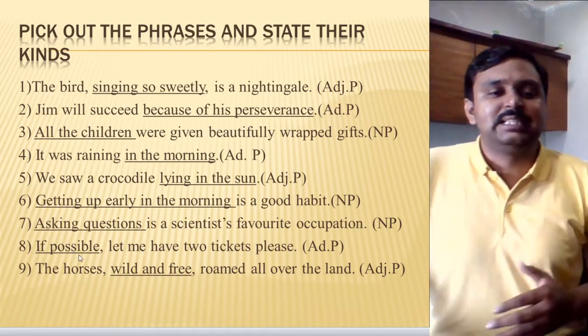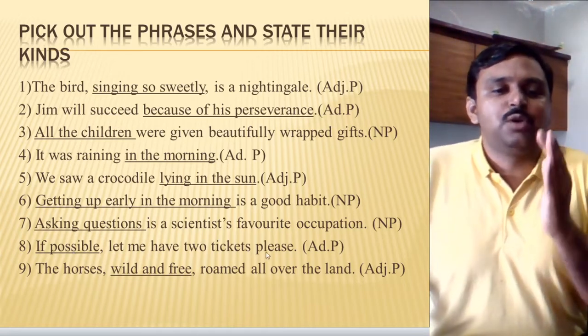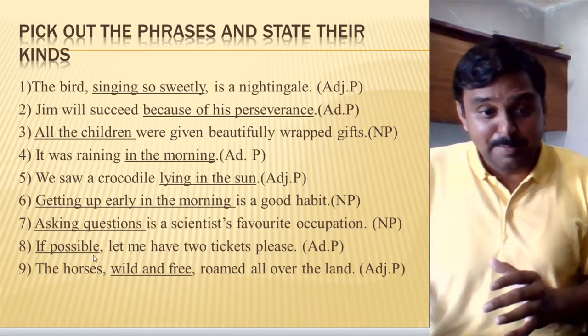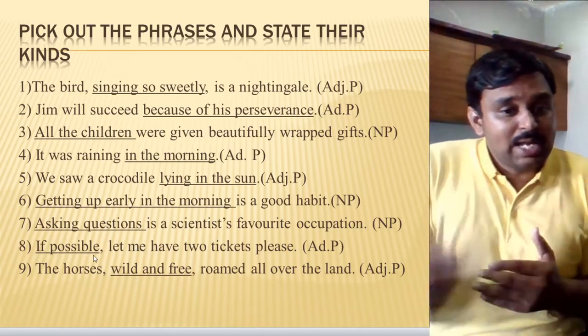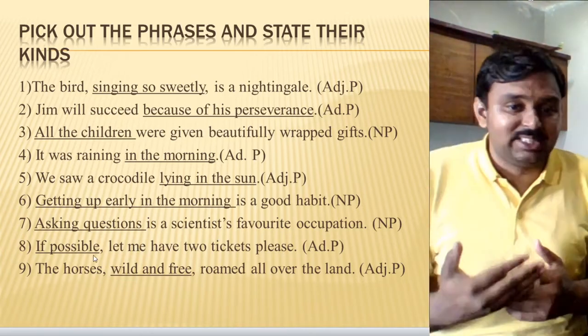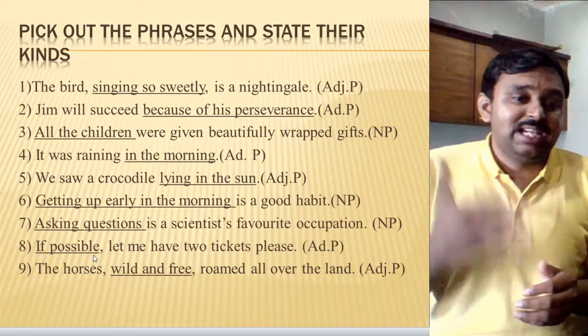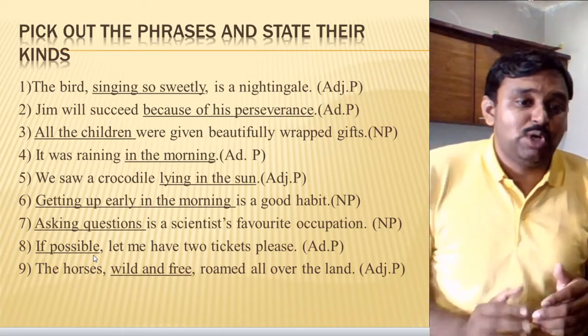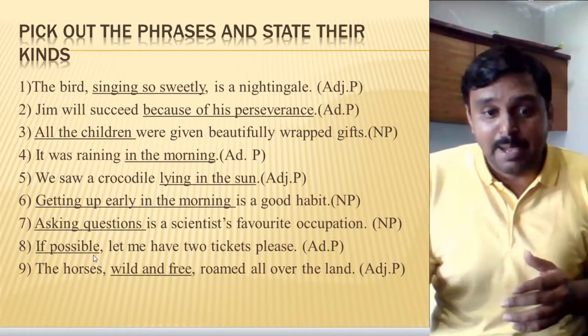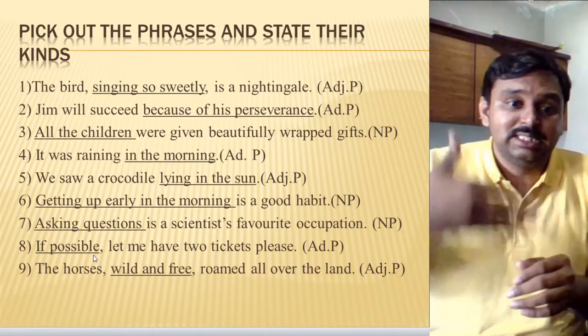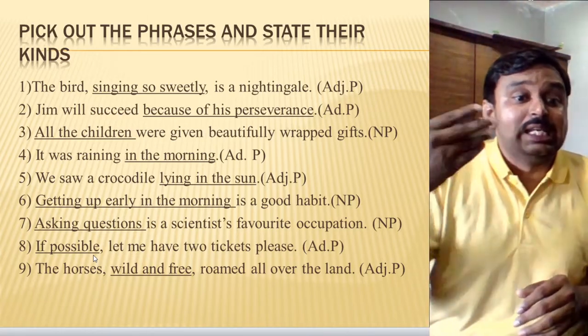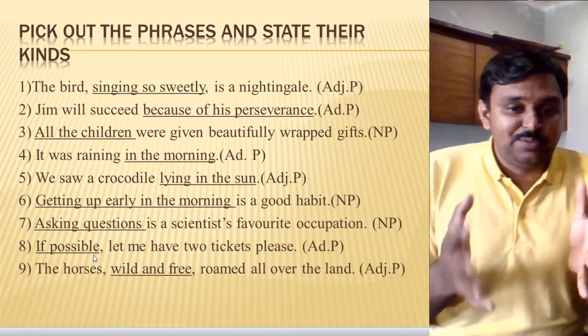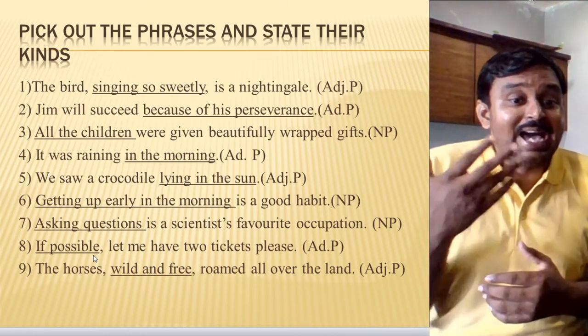Look at the eighth example. If possible, let me have 2 tickets please. Now here, if possible, what will happen? You may give me 2 tickets. Here the action: if possible you do this, if possible you do that, if possible it will happen. So if possible is an if clause, and that if clause is describing a particular action.